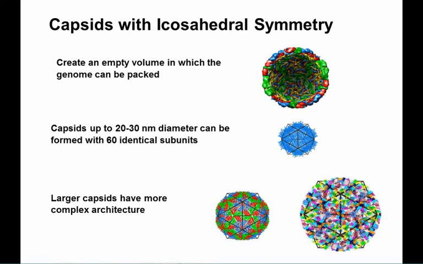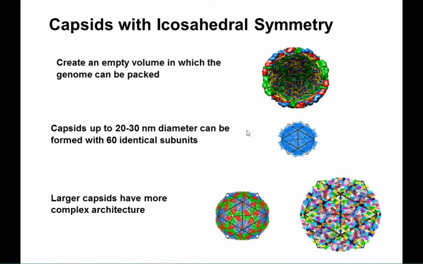The capsid proteins form a hollow sphere, and the nucleic acid goes in the middle. The simplest way for this to occur is if you've got 60 identical subunits making up the hollow sphere. In this case, three copies of the capsid protein make up a triangular face, and 20 triangular faces make an icosahedron. That's why this is called icosahedral symmetry.